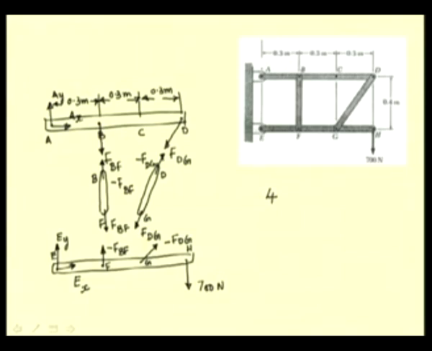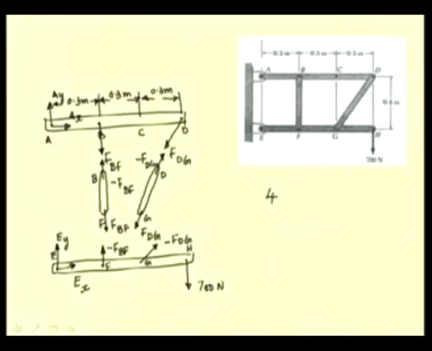And from this free body diagram of EFGH, we have unknowns EY, EX, but these forces, that is FBF and FDG, are equal and opposite to these two forces shown in the earlier free body diagram. This comes from the fact that these forces are the forces of the two force member, and so they are equal and opposite.